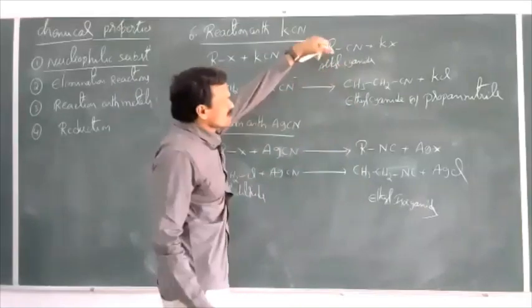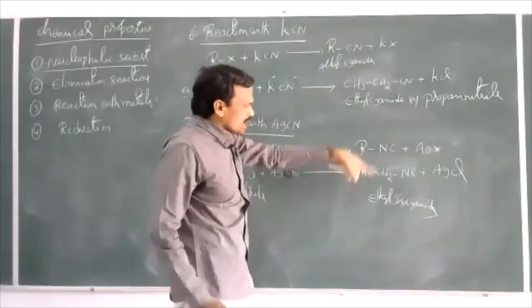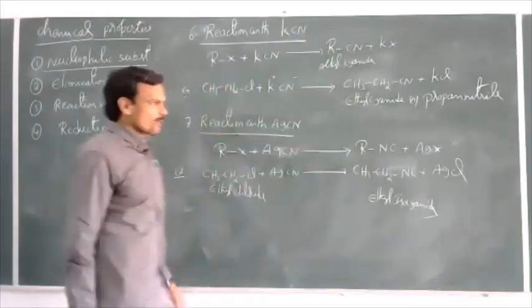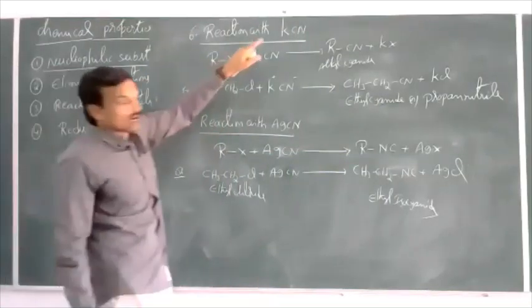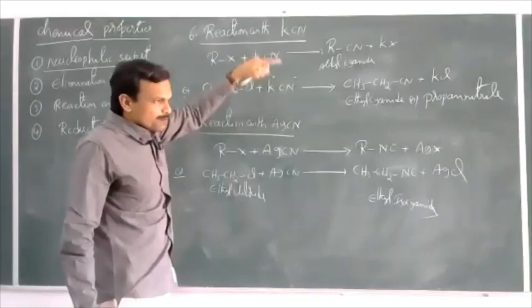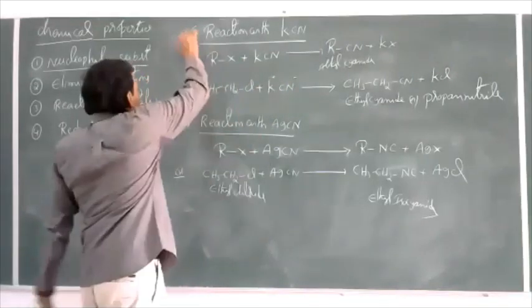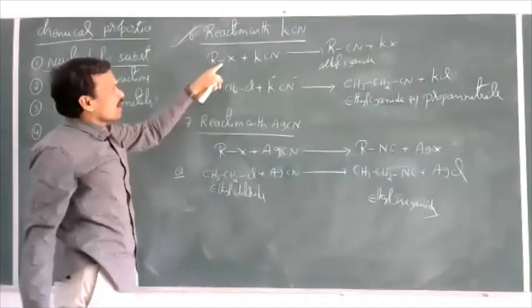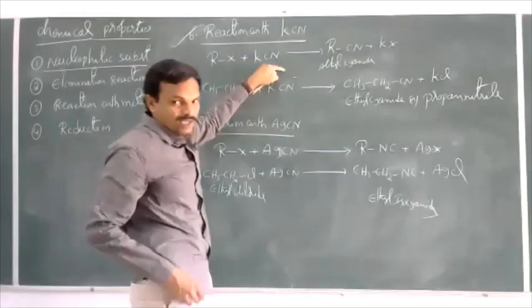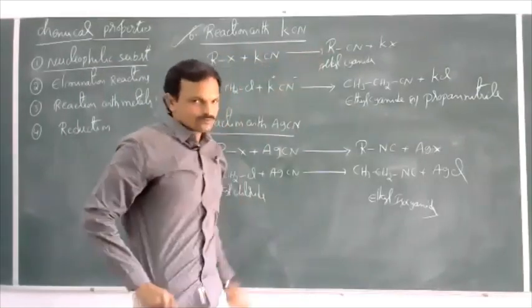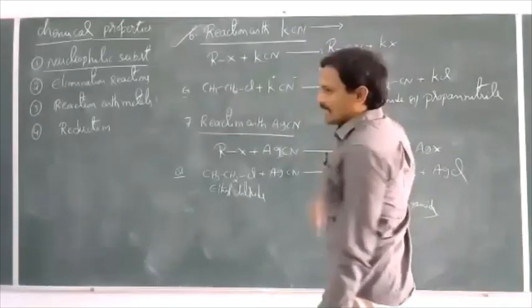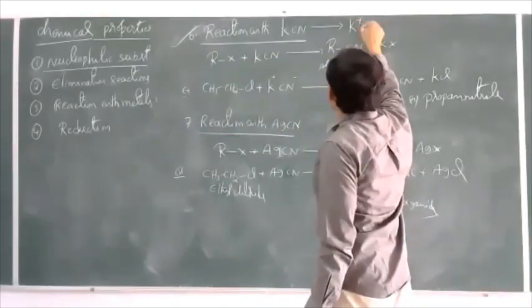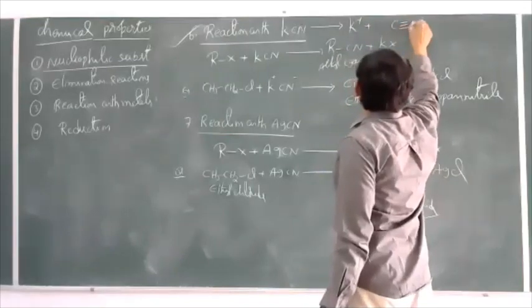Then why did you get ethyl cyanide here and ethyl isocyanide here? What is the difference? The mechanism of these two reactions is different. Both are the same type of compounds, KCN and AgCN, but the mechanism is different. The reaction of haloalkanes with KCN takes place by ionic mechanism. KCN splits into K+ and CN-.